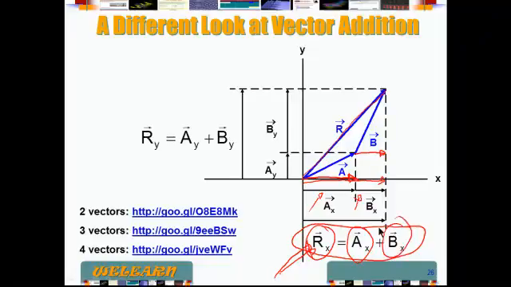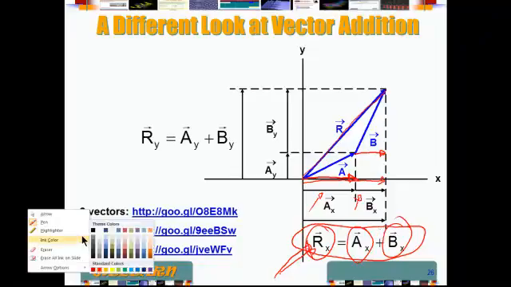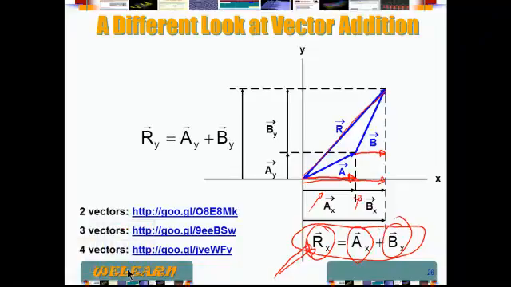Similarly, think about the y component. Let me change the color of the pen. Okay, now the y component of A is this, which is here. The y component of B is this, which is here. When we add them up, they add up to this, which is the y component of R, which is this much.